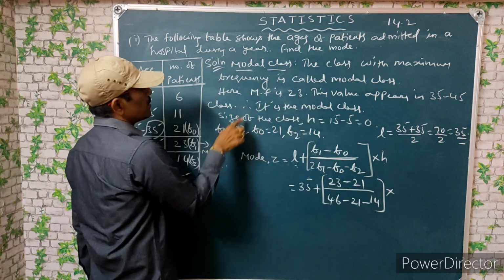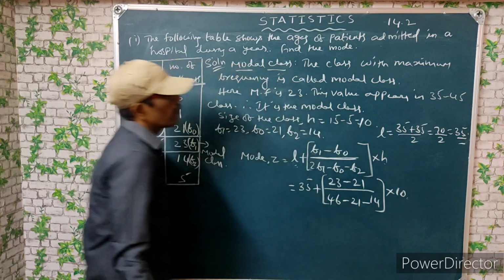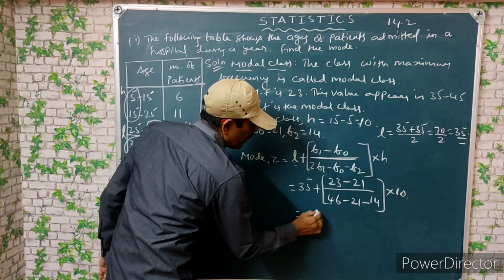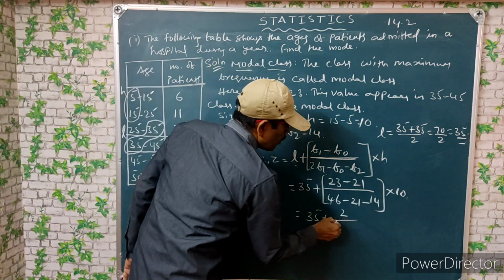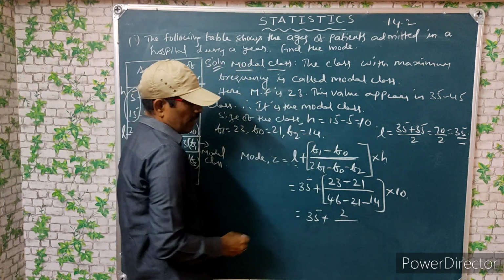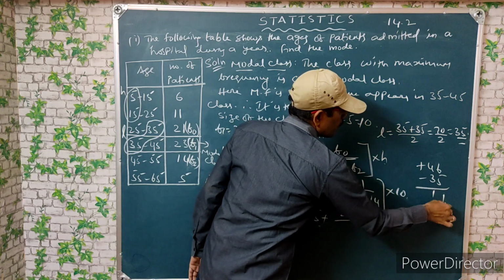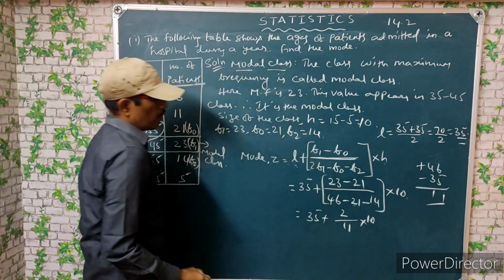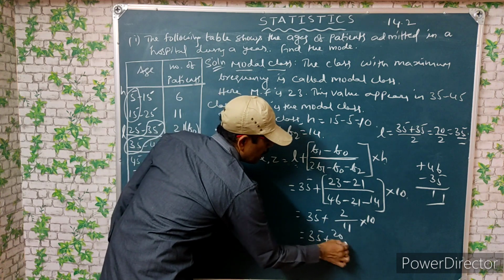How much is the size of the class here? 15 minus 5, 10. That is equal to 35 plus (23 minus 21) by (46 minus 35), that is 2 by 11, into 10. So that is equal to 35 plus 20 by 11.